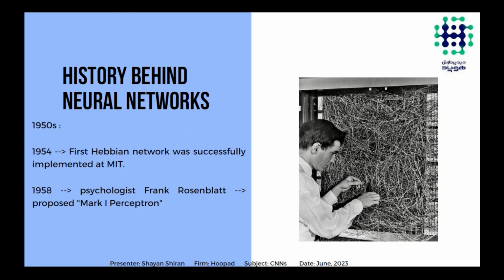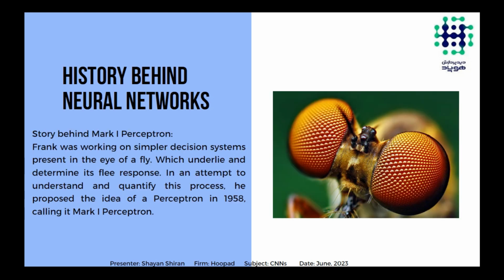Then in 1958, psychologist Frank Rosenblatt, also known as the father of AI, proposed an idea named the Mark I Perceptron. You're seeing Frank Rosenblatt here in the picture, and this is the Mark I Perceptron. There is a history behind it.